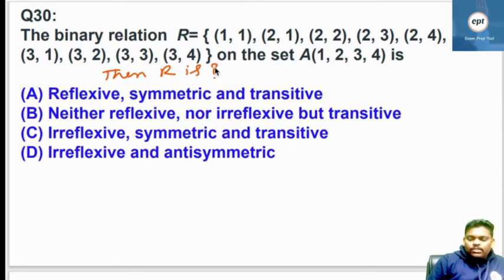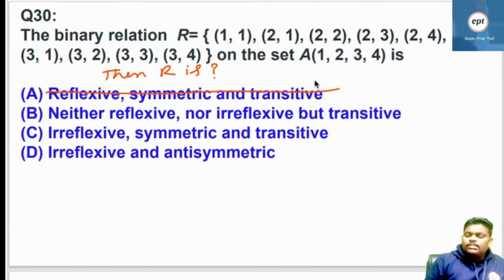The binary relation R is given. Is it reflexive? Are (1,1), (2,2), (3,3), (4,4) there? No. (1,1) is there, (2,2) is there, (3,3) is also there, but (4,4) is not there. Reflexivity is gone.